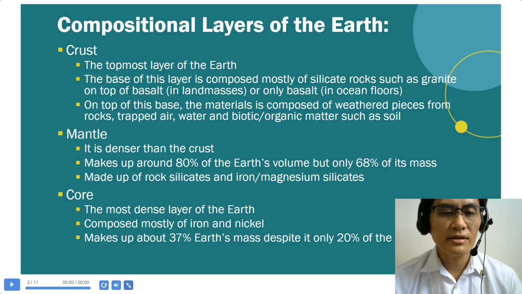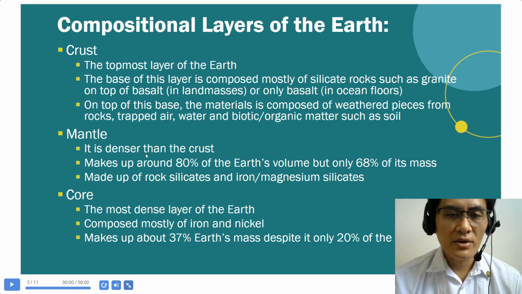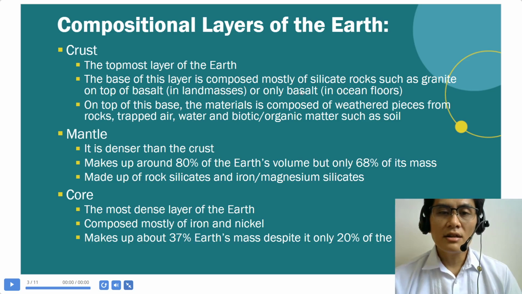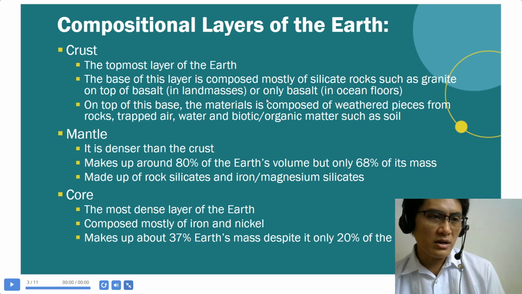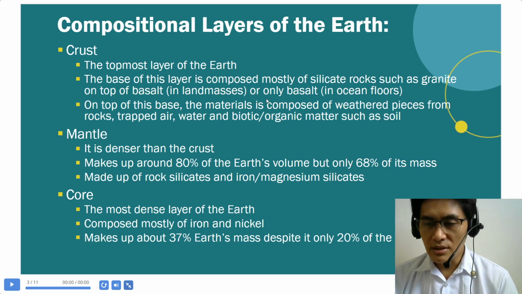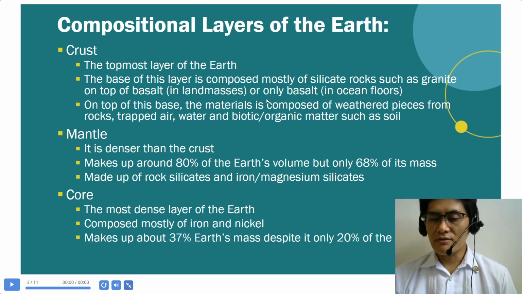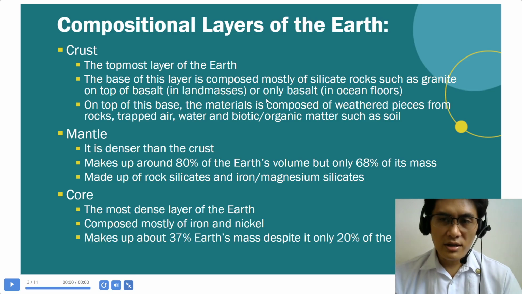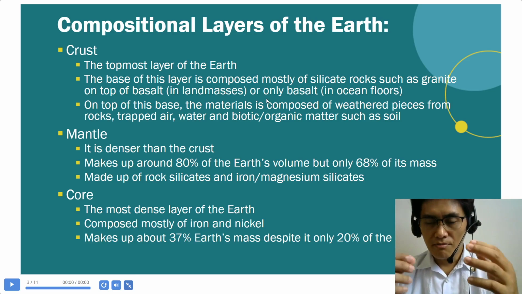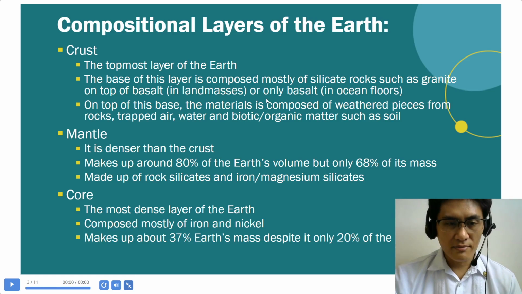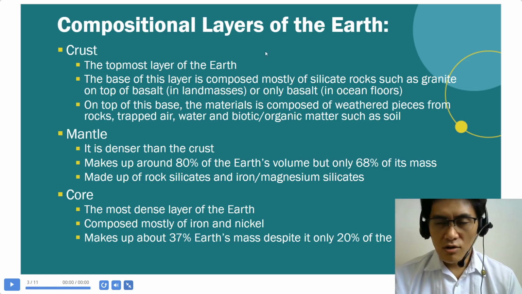But in terms of iron and nickel, most iron nickel, lesser iron nickel, and least amount of iron and nickel. It doesn't mean we don't have iron and nickel in the surface. In fact, if we don't have iron and nickel, then we could not build buildings, because all of the buildings that we have have iron component in the backbone, in the foundation, the steel bars that we use, right? But that's the compositional layers.